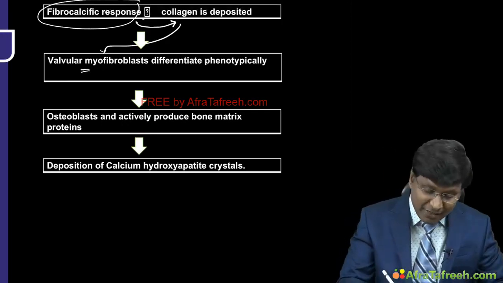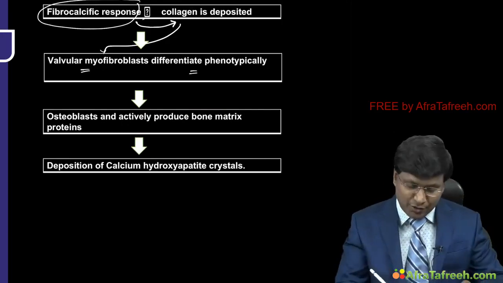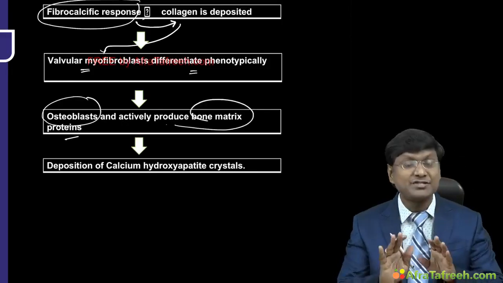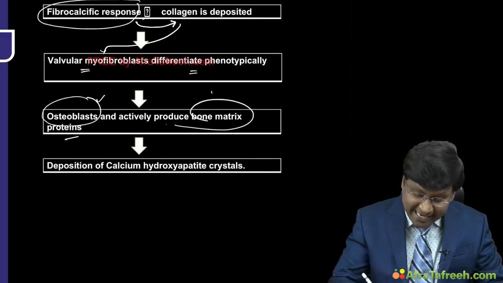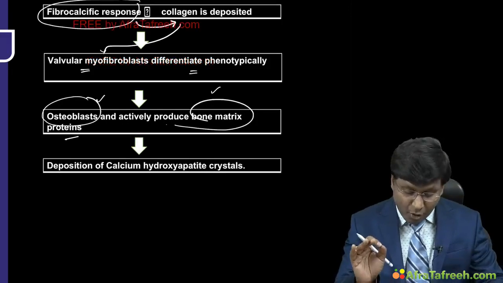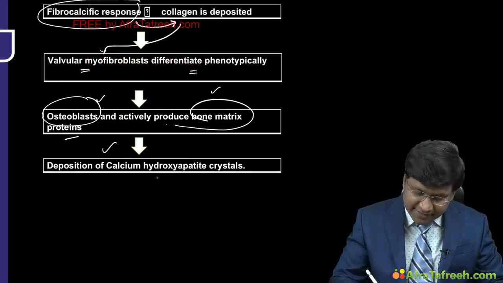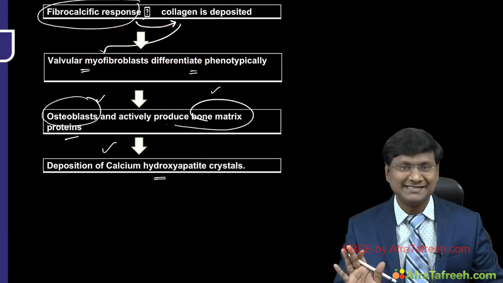These valvular myofibroblasts differentiate phenotypically into osteoblasts, actively producing bone matrix proteins. And these osteoblasts actively producing bone matrix proteins allow the deposition of calcium hydroxyapatite crystals.